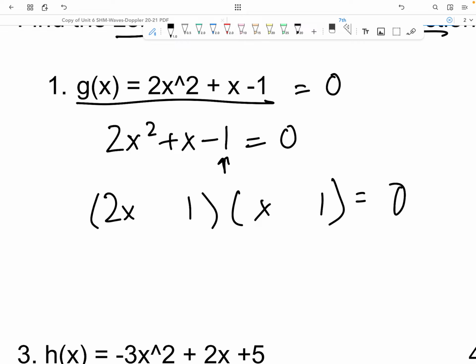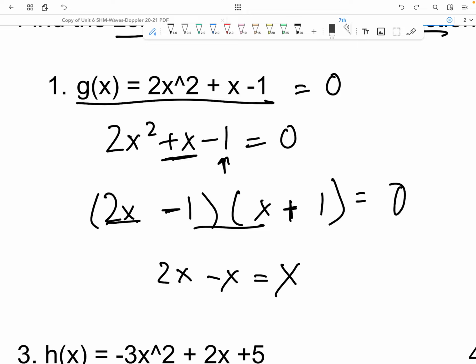Now, how do we get a positive x? 2x, 1x. Well, that's obvious. We just got to make 2x minus 1x. So 2x times positive 1 would be 2x. 1 times x. If we put negative x, that would be 2x minus x. That would be positive x.